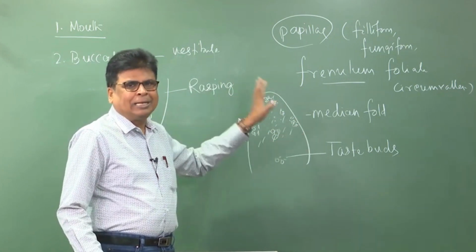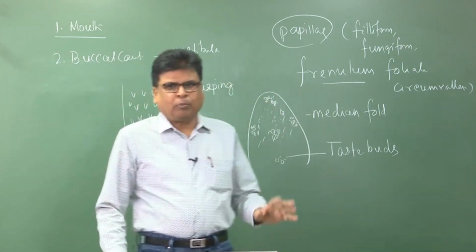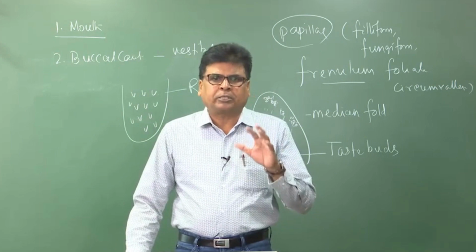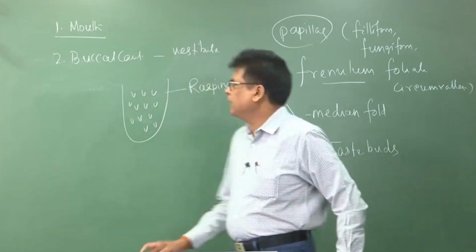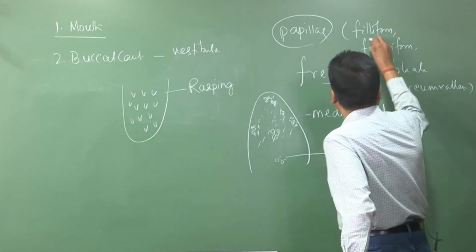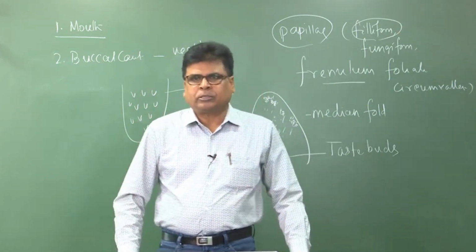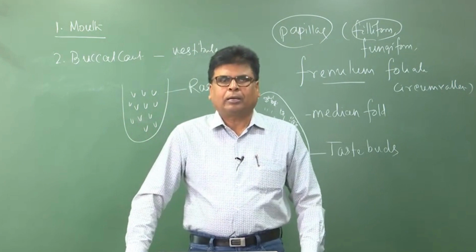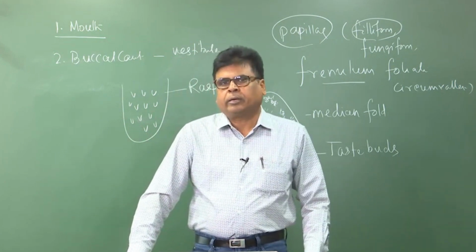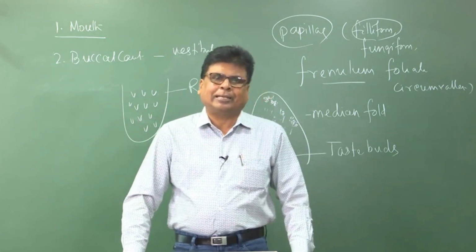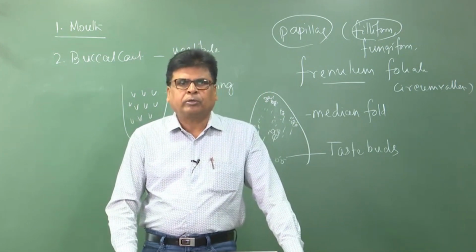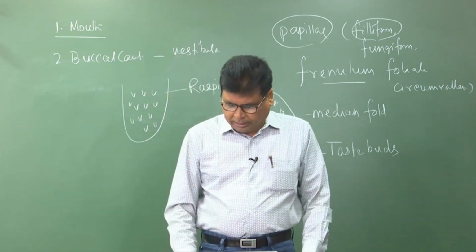They are present in these papillae, and the most important thing is that out of these papillae, the filiform papillae do not possess taste buds. All the rest of the papillae possess taste buds. So these are all about the nature of the tongue in the case of mammals.